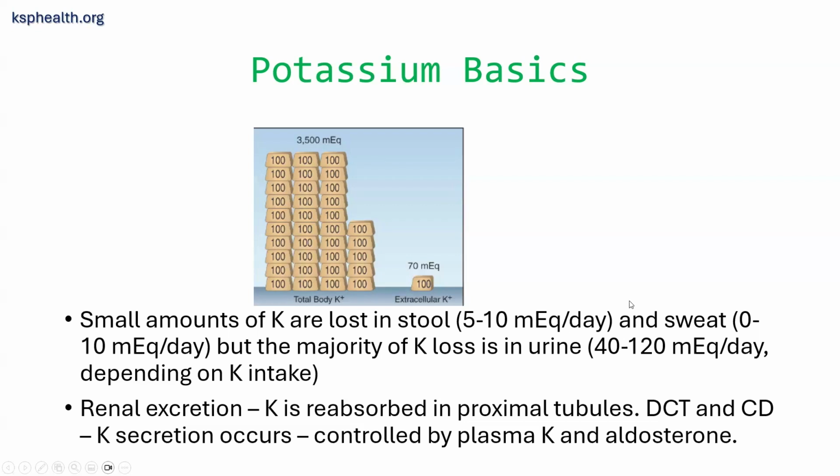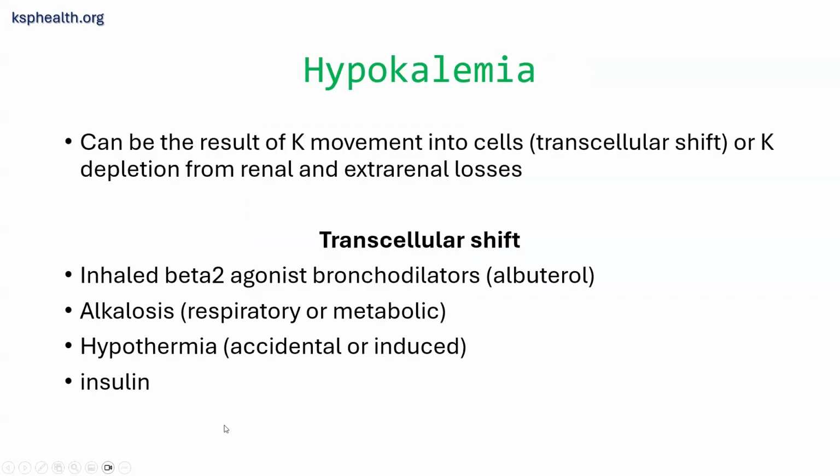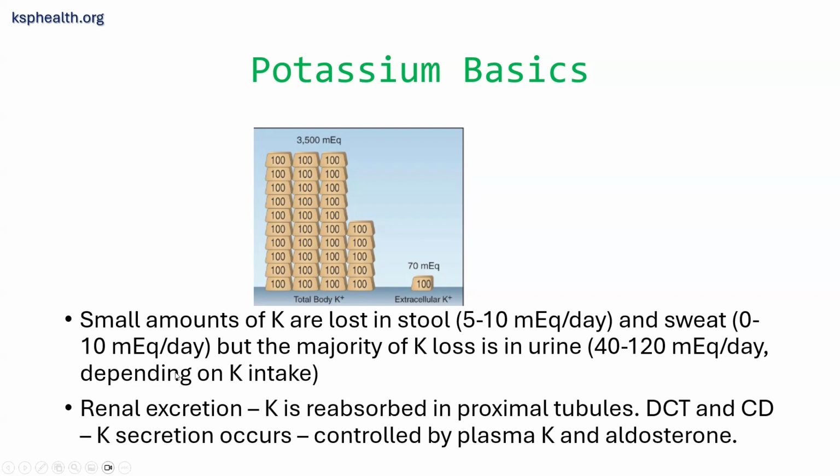So acute kidney failure or any kind of renal insufficiency is associated with potassium retention that causes hyperkalemia. How does renal excretion happen? Most of the potassium is reabsorbed in the proximal tubules, and secreted in the distal convoluted tubule and collecting duct. The potassium secretion occurs in response to plasma sodium.